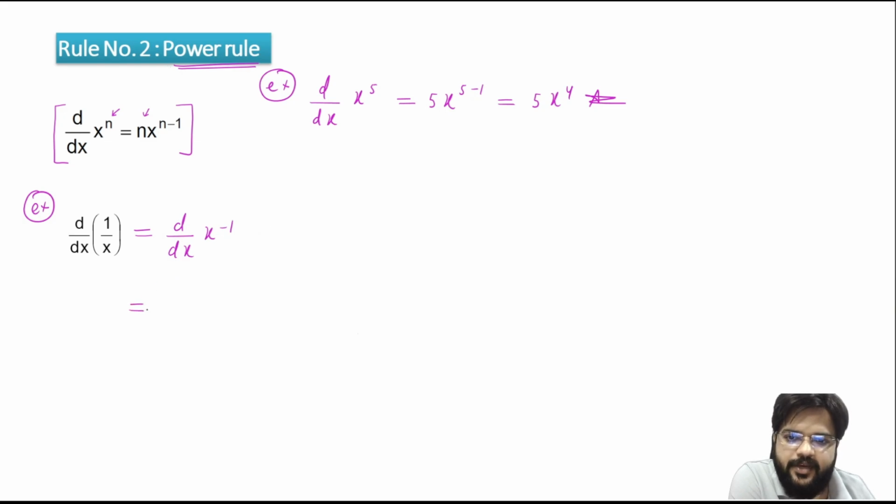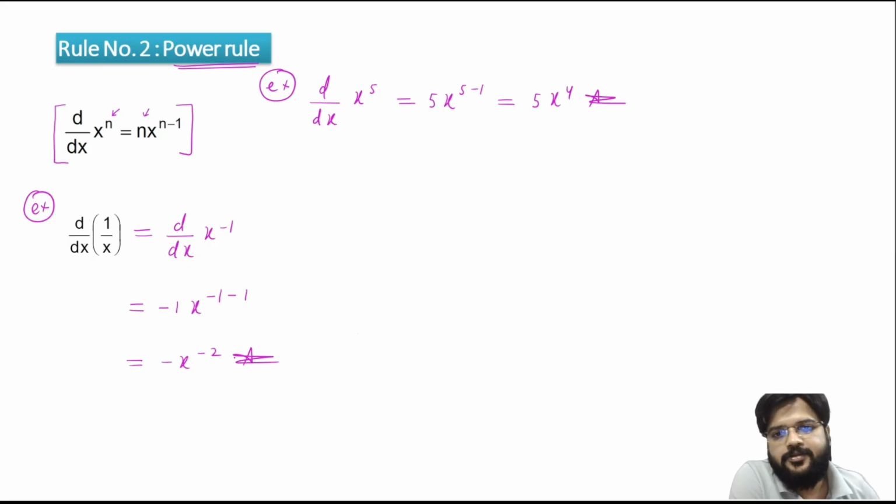So in the next step, we write the power in the front. So minus 1 x power minus 1, and we subtract 1 from the power. So we have minus 1 minus 1, which is minus 2. So finally the answer is what? Minus x, and the power is minus 2. This is the answer for this question. So I hope this is clear, correct? How this power rule is working and how we can apply it.